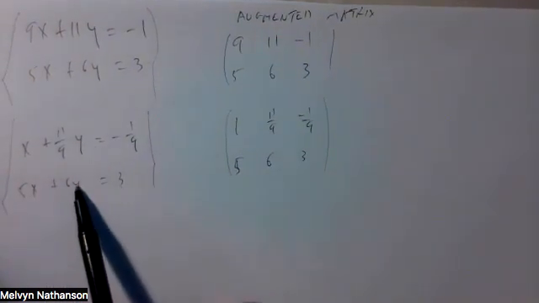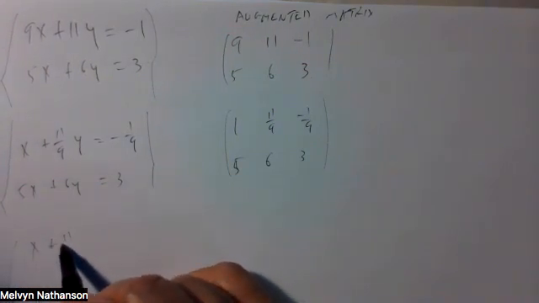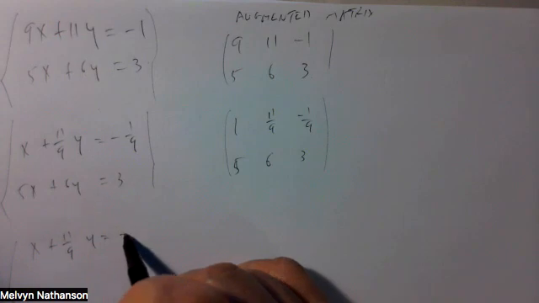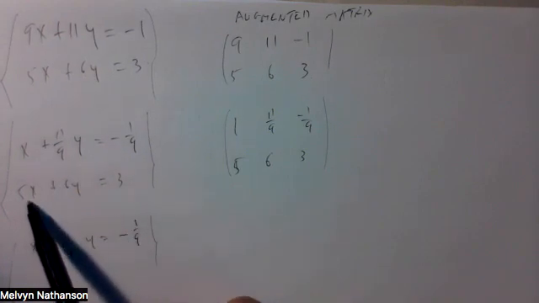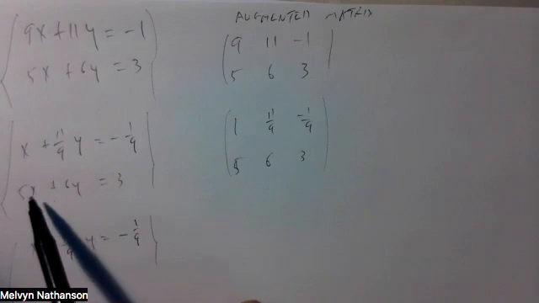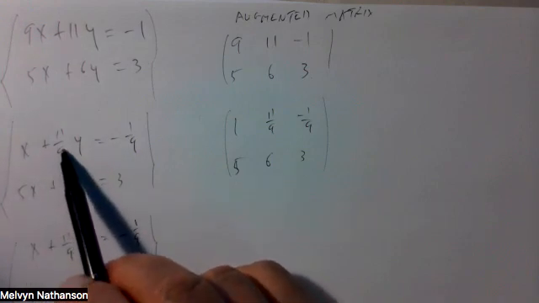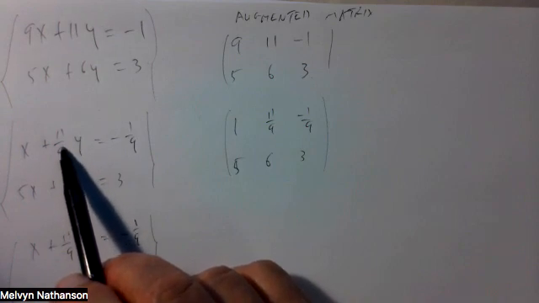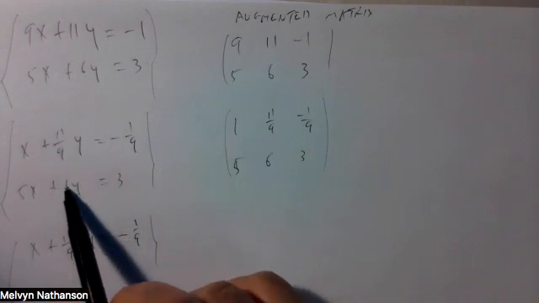If I'm applying Gaussian elimination, then I'm not going to change the first equation, but I want to eliminate the x from the second equation. So I subtract 5 times the first equation from this. 5x minus 5x is 0. Sorry, 6 minus 55 over 9. 6 is the same as 54 over 9.